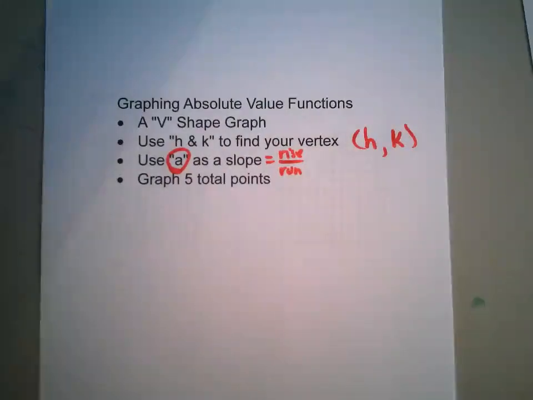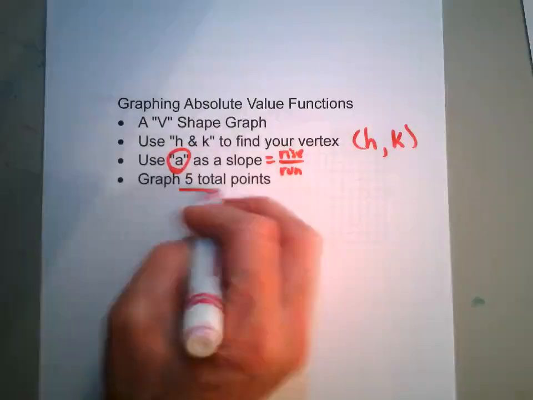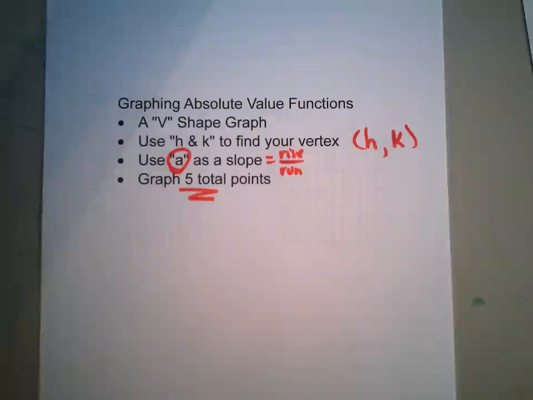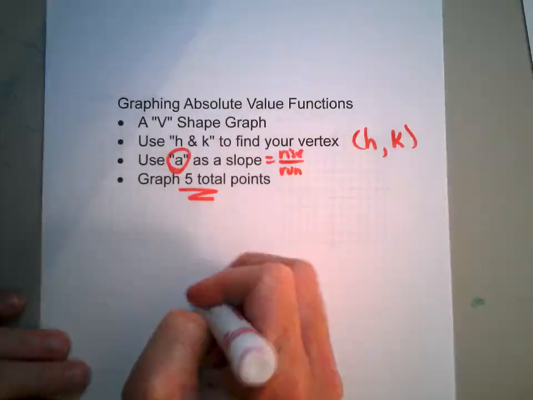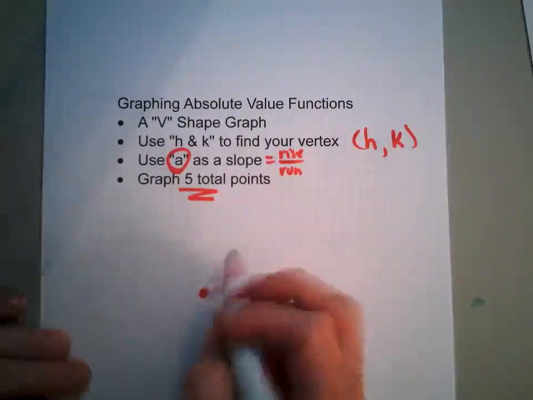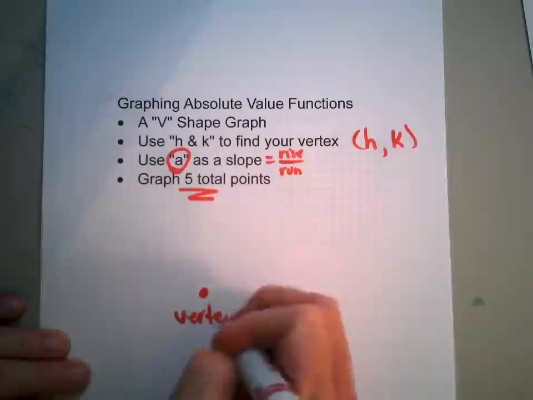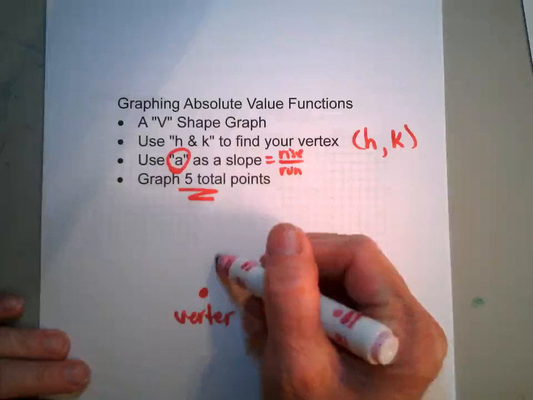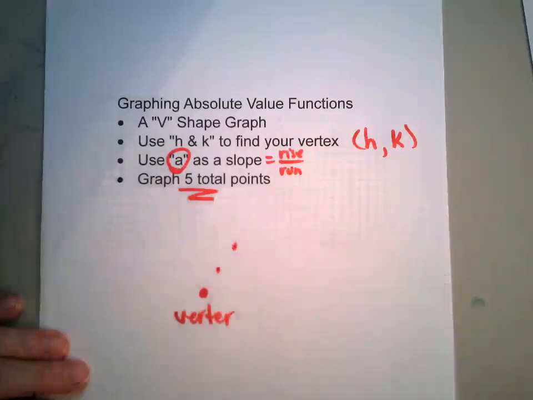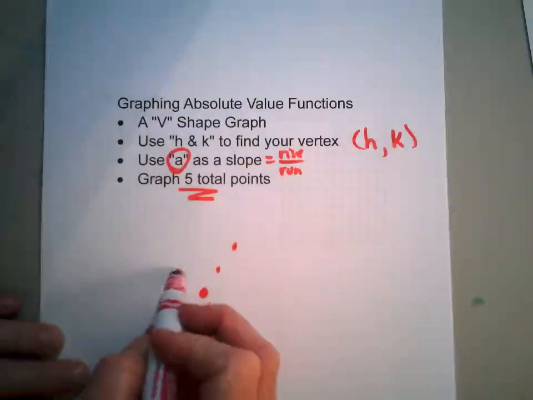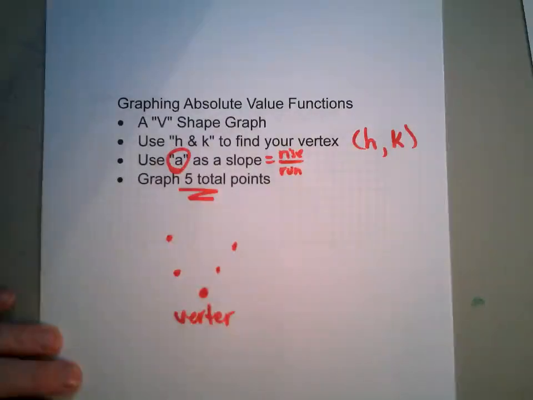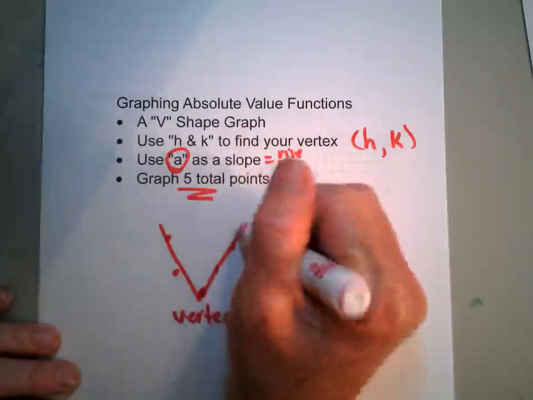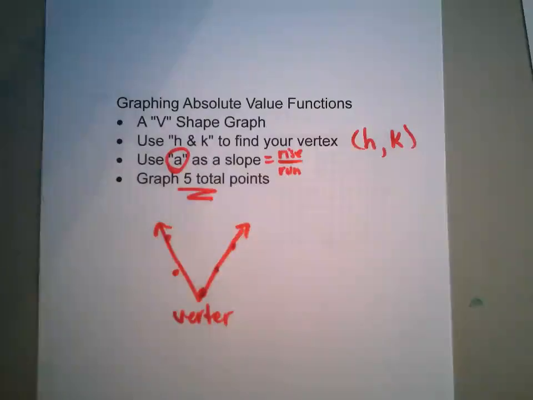And then once we figure out where to start and how to move, we'll graph 5 total points. We'll have a V graph. So basically, we'll have a point that's a vertex. We'll use a slope to go up and right, like that. And then basically, you'll come and fill in the left-hand side, and you'll have a little V shape. And that's the graph of an absolute value function.